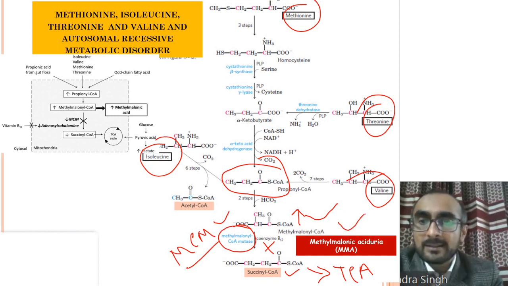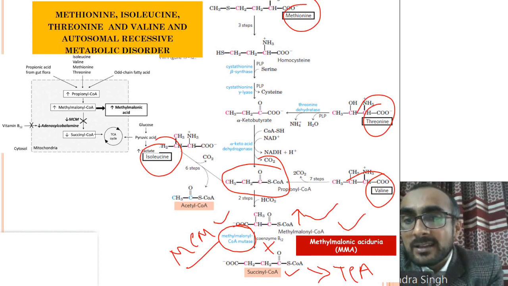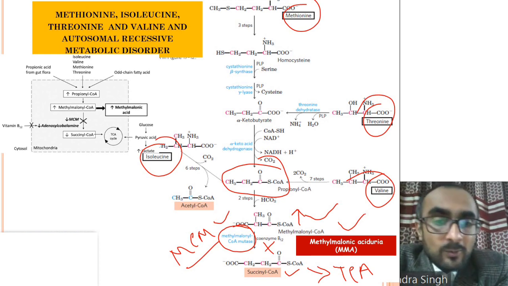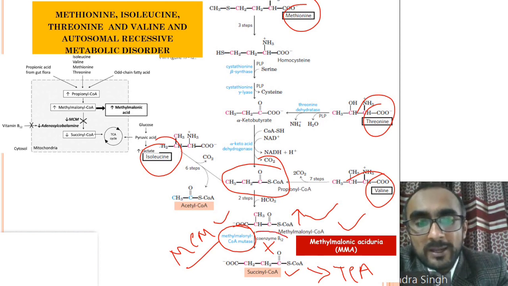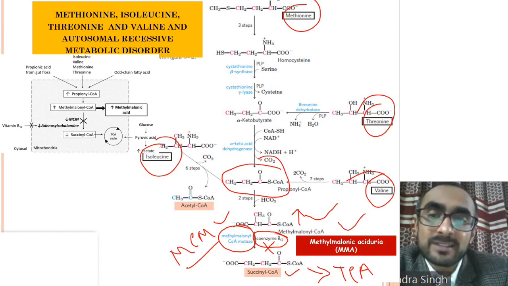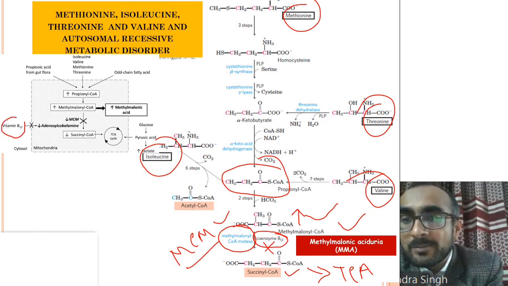In fact, this enzyme methylmalonyl coenzyme A mutase uses vitamin B12-derived coenzyme B12 as a cofactor. So coenzyme B12 is essential for the activity of this enzyme, and this coenzyme B12 is synthesized from vitamin B12.